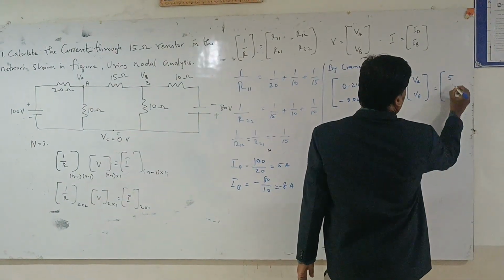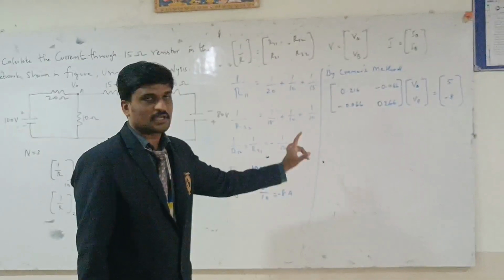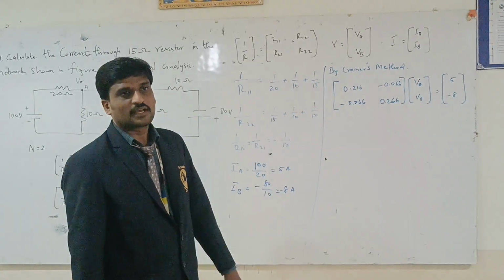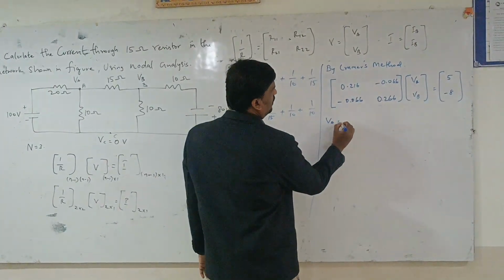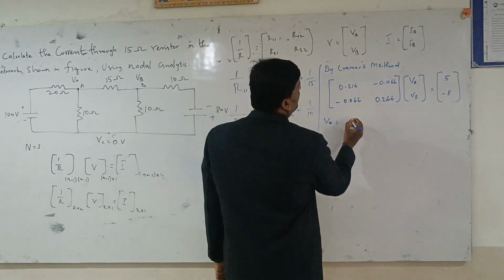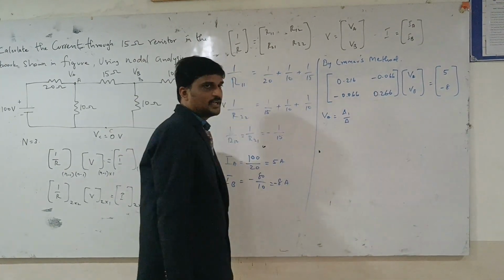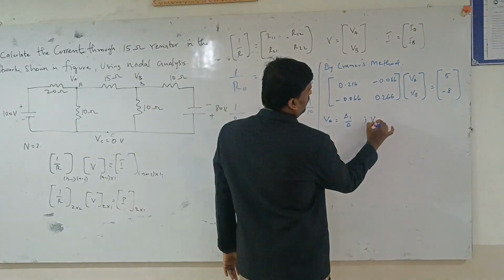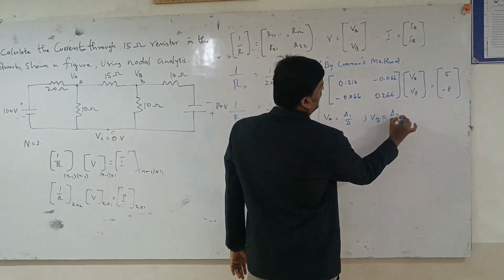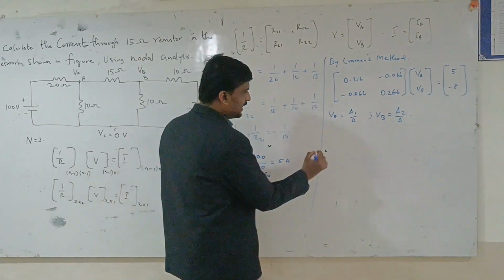Now we can solve this inspection method matrix by using Cramer's method. By Cramer's method, VA will be equal to del 1 divided by del, and VB will be equal to del 2 divided by del. First we will solve the value for del.